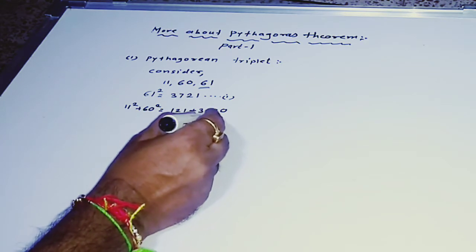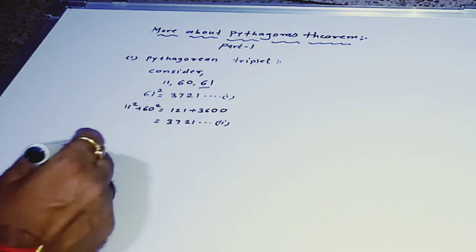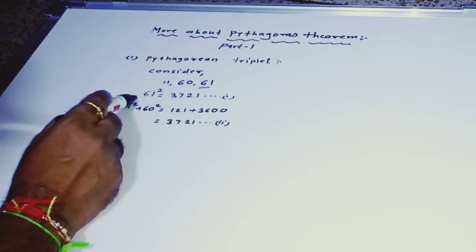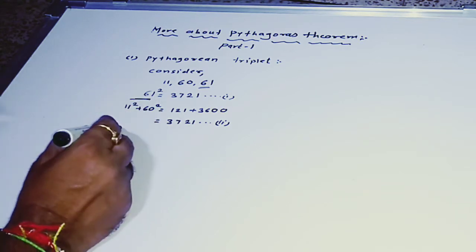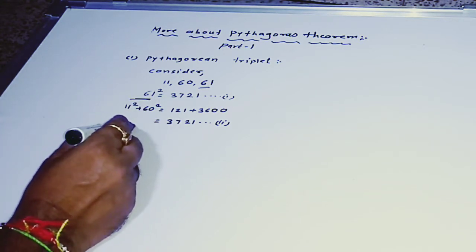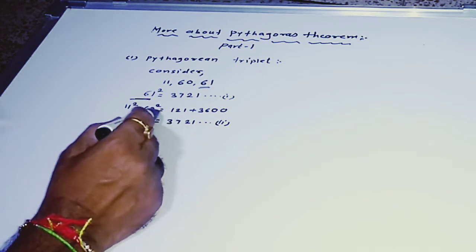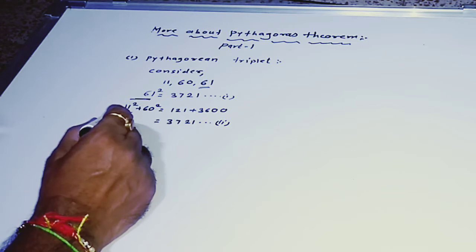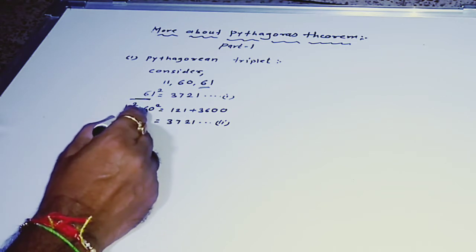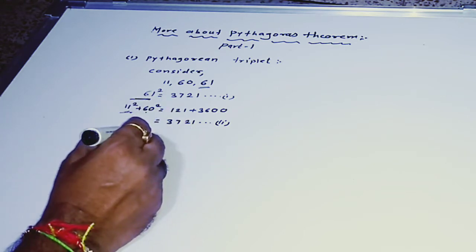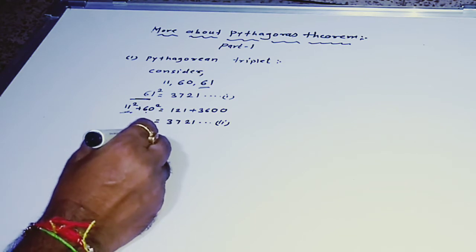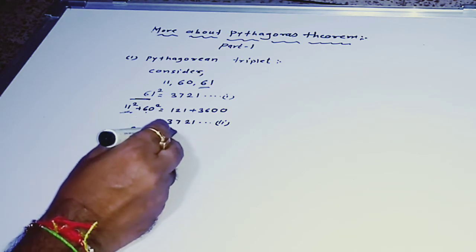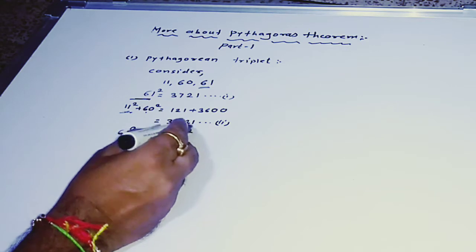This is second. From 1 and 2, we find that the larger number squared, that is 61 square, is the sum of the squares of the other numbers, that is 11 square plus 60 square.